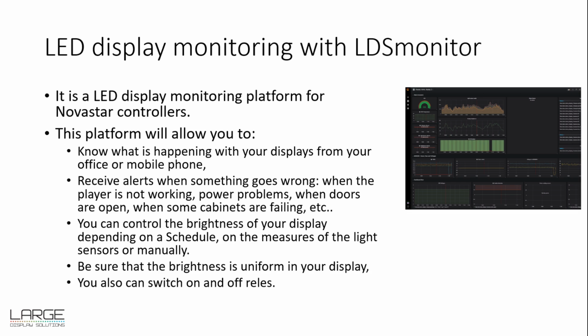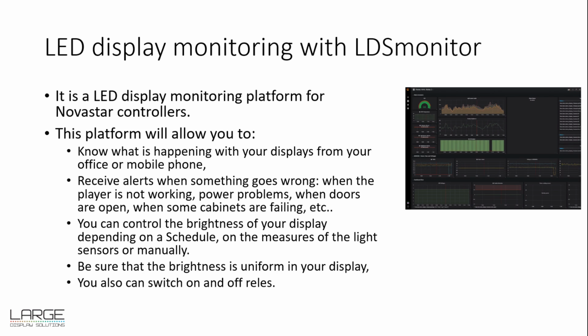With this system, you can be assured that when you control the sending cards with LDSmonitor, the brightness is uniform in all your displays. You can also switch on and off relays of the monitoring cards that are available for the Novastar platform. But how is the architecture of a system like this?